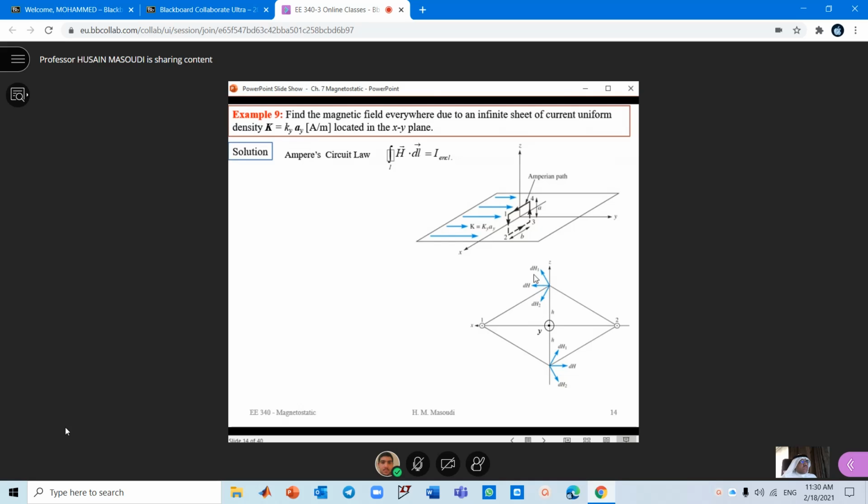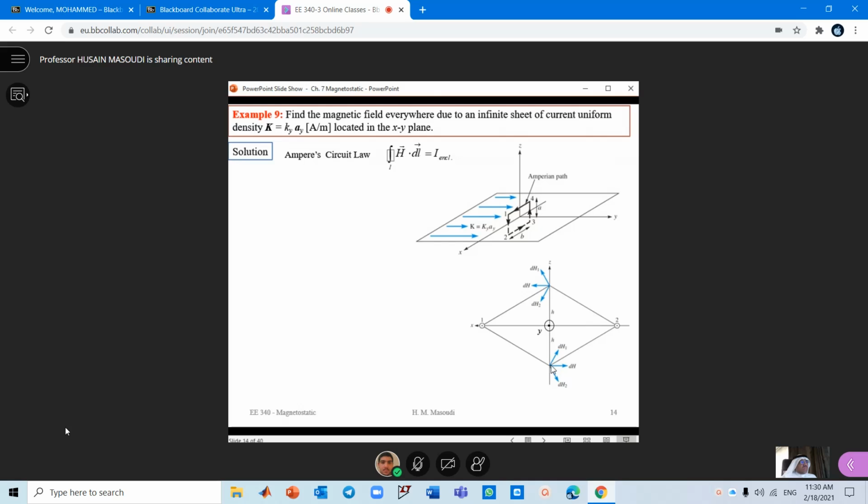This is dH2 and this is dH1. Since they are exactly the same, the Z component cancels, and hence the magnetic field points only along the X direction. Now, if I repeat for a point below, this line is going to point along these directions, and this line along these directions.